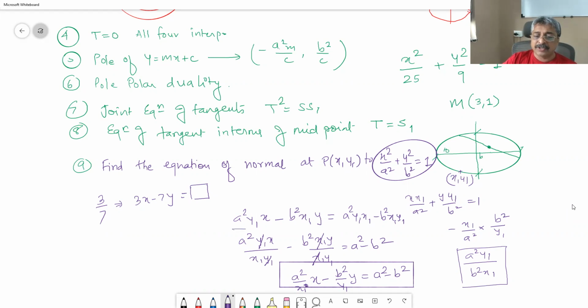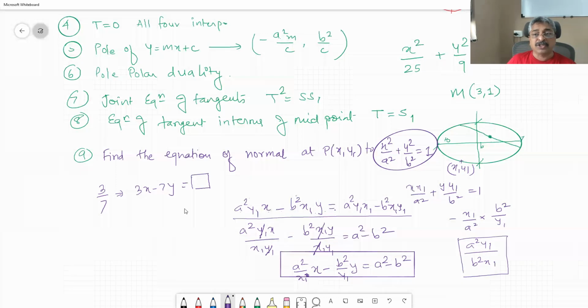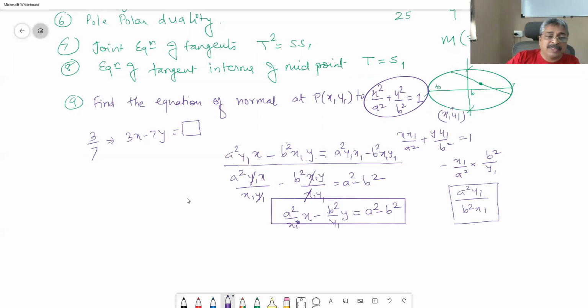I write the equation of normal like this: a square y1 times x minus b square x1 times y is equal to. Now I know that the point is on the line, therefore it must satisfy the LHS, so I put it in the RHS. x1 y1 comes common out, goes in the denominator, and therefore it is an equation which is easy to remember, basically synergic with the equation of ellipse and tangent.